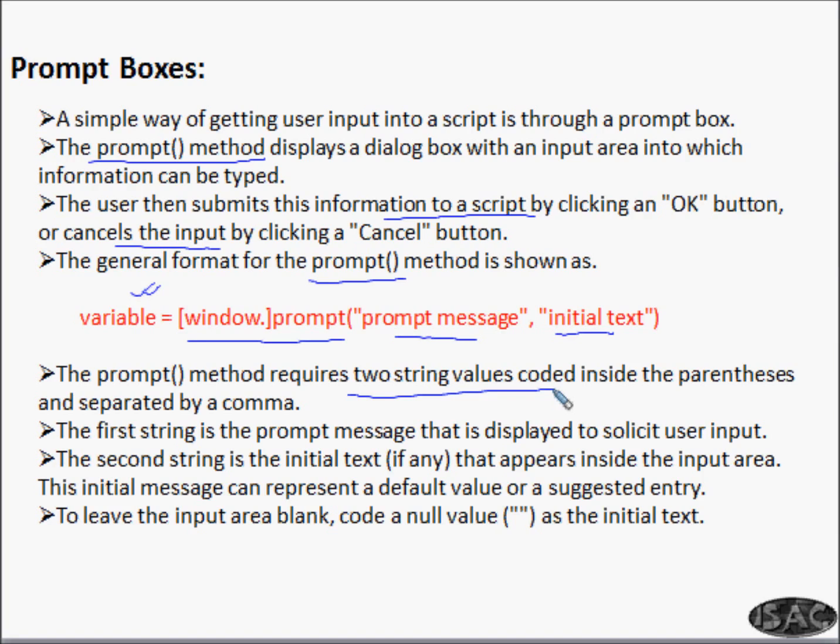The first string is the prompt message that is displayed to solicit user input. The second string is the initial text, if any, that appears inside the input area. Otherwise you can just open and close the double quotes, and it will have a blank area. The initial message can represent a default value or suggested entry, like enter name.